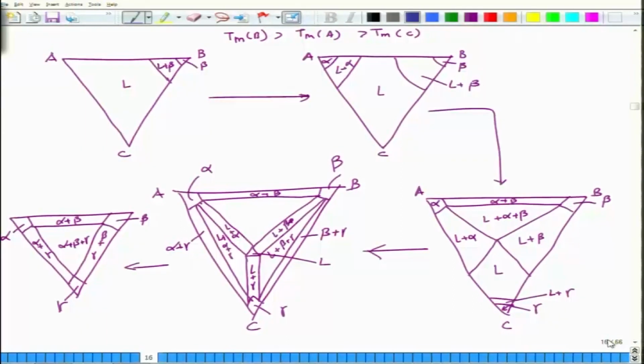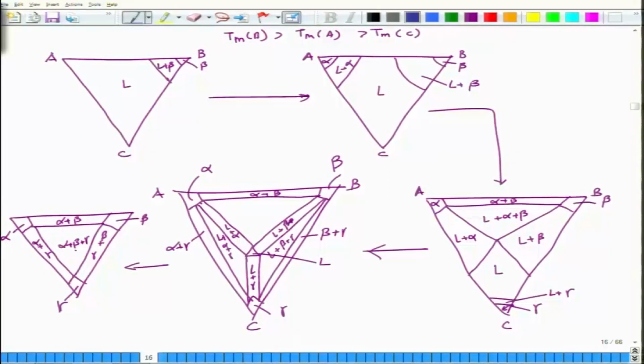So you start from formation of beta phase, then eventually formation of alpha phase, formation of gamma phase, and then the two phase fields broaden in size, whereas you also have a three phase field. As you go down, you have the liquid phase shrinking, and you have more and more three phase regions and two phase regions.